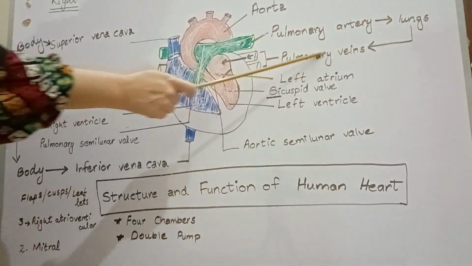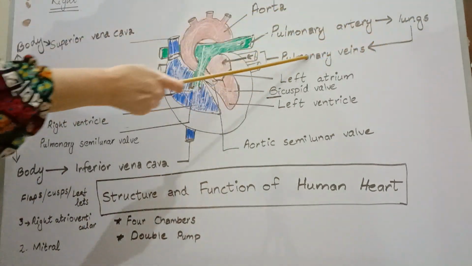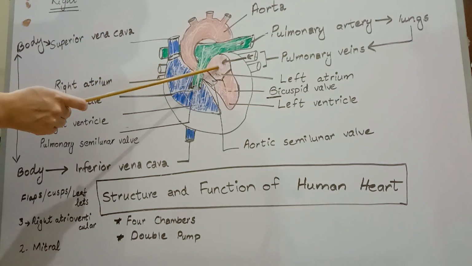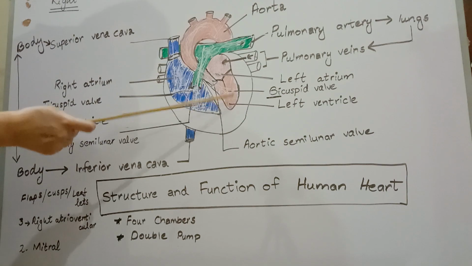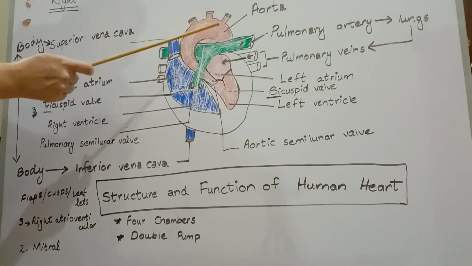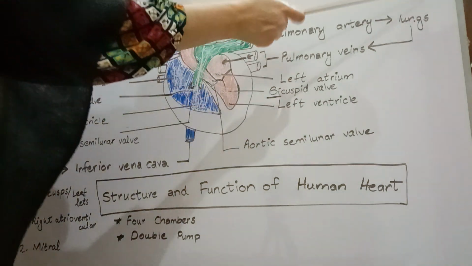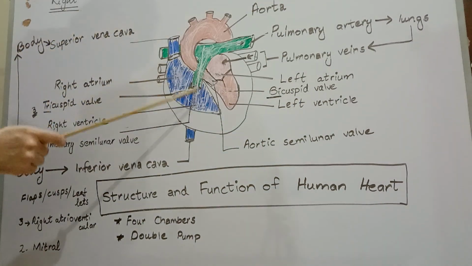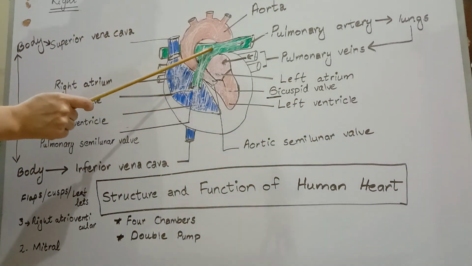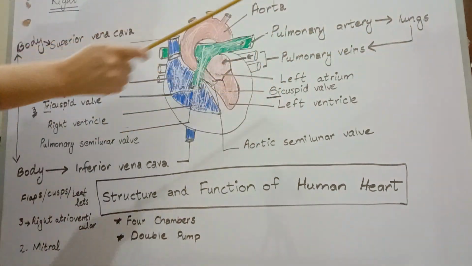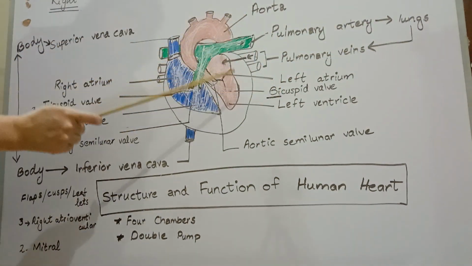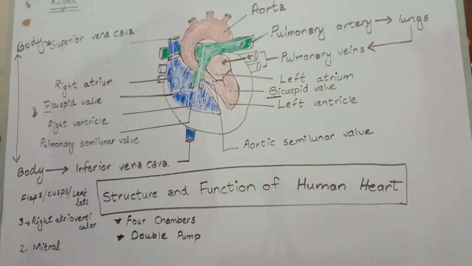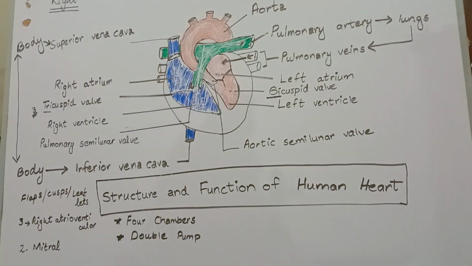From the lungs, through the pulmonary veins, it goes to the left atrium, then the left ventricle, then the aorta, and from the aorta towards the body. It's all about the function of the human heart.